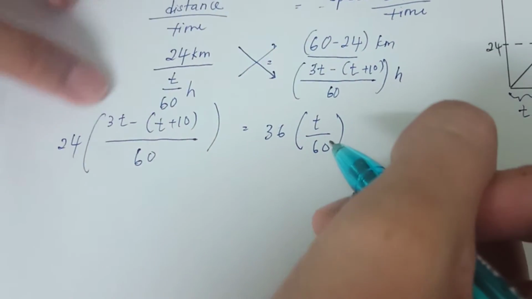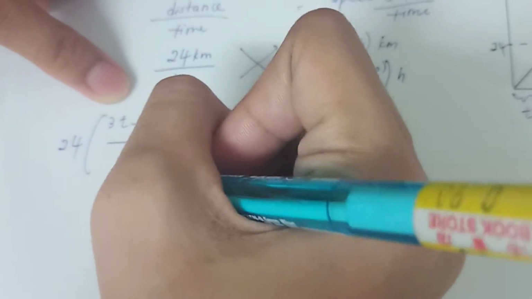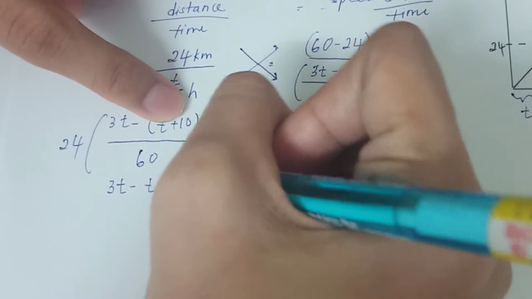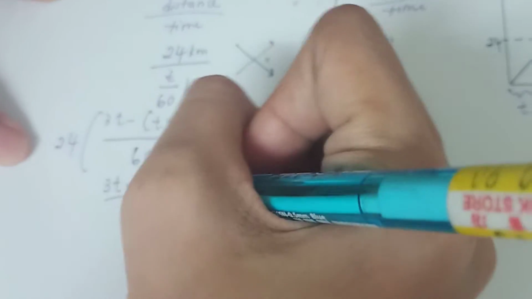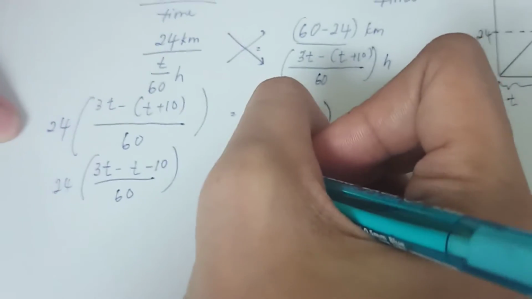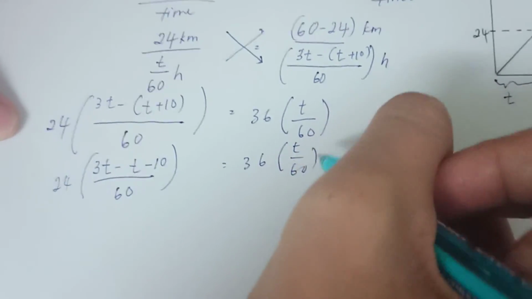So 3t minus t, and then minus plus will become minus, minus 10 over 60. Here it is 36t divided by 60.